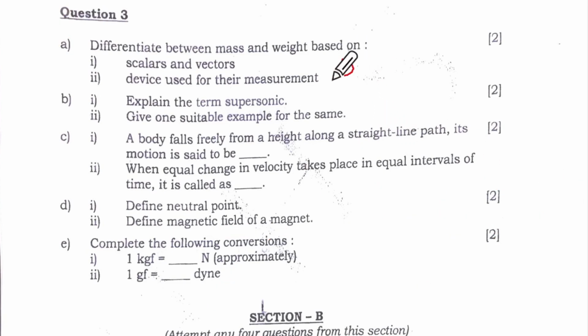Yes. We come to B. Explain the term supersonic. Who knows it by heart? What is supersonic? Who doesn't know? Open the textbook. Ma'am, speed of any object greater than the speed of sound.